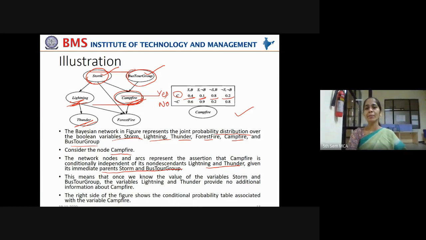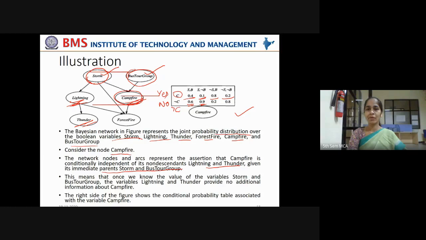Now come to the next line. Probability of not setting up a campfire. Did you see the negation symbol here? Negation of C indicates not setting up a campfire. Now, the probability of not setting up a campfire when the storm happened and the bus tour group arrived is 0.6. And the probability of not setting up a campfire when the storm occurred and the bus tour group didn't arrive is 0.9.